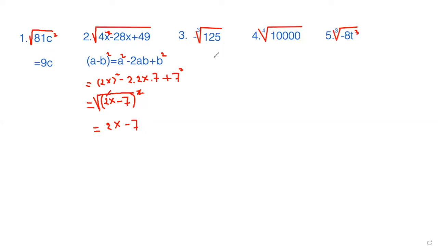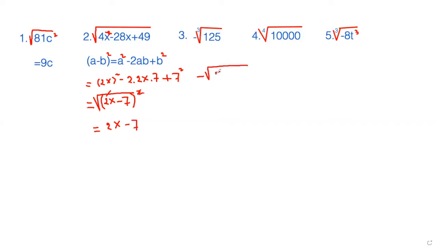For number 3, we have a cube root. So we have to think of what number multiplied by itself will give you 125. That number is 5. 5 times 5 is 25, and 25 times 5 is 125. And the negative sign, what do we do with it? As it is outside the radical sign, we keep it. You can show your work if your teacher wants you to.